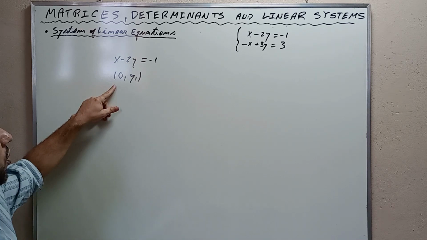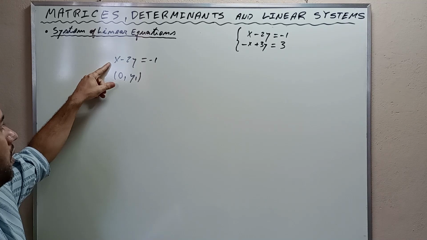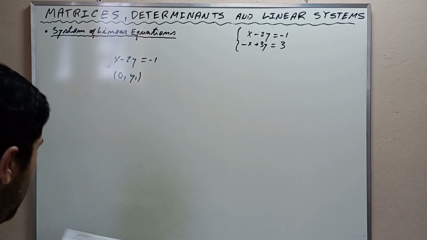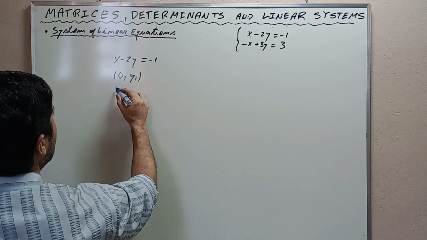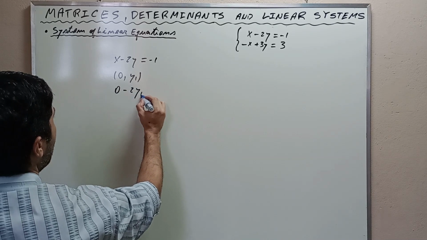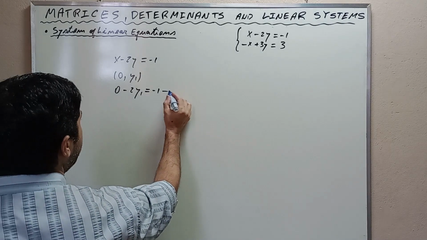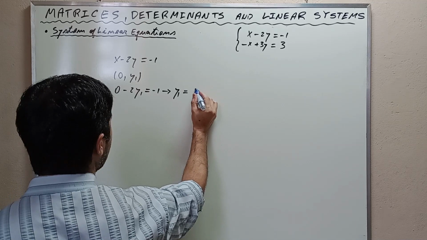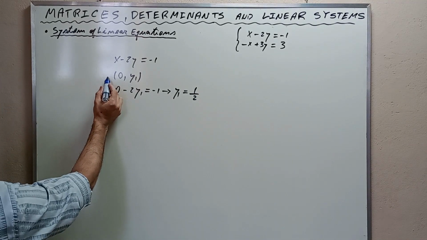We have only to substitute this point here in the equation, and then we find that 0 in x minus 2y1 is equal to -1, and this produces y1 equal to a half. This is the first point.